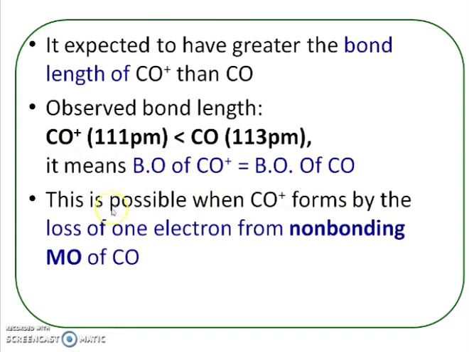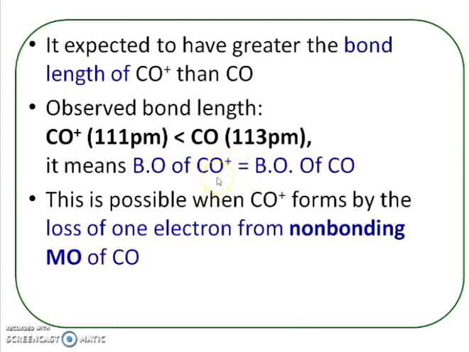so the bond order of CO plus should be 3, and this is possible only when CO plus forms by the loss of one electron from a non-bonding molecular orbital of carbon monoxide. Actually, when we calculate the bond order for CO plus, it comes to 2.5, and from the bond length concept, it is expected that carbon monoxide and the CO cation have the same bond order, that is 3.